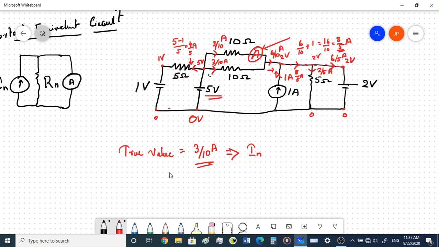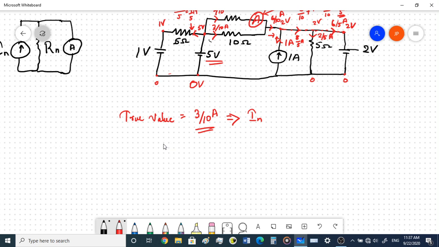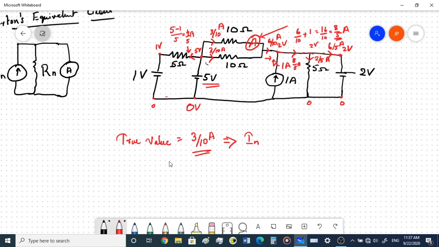Now if we want to find the resistance, we have to find the resistance by looking from this point over here. We need to look at the resistance from this point by opening these 2 points across the ammeter.